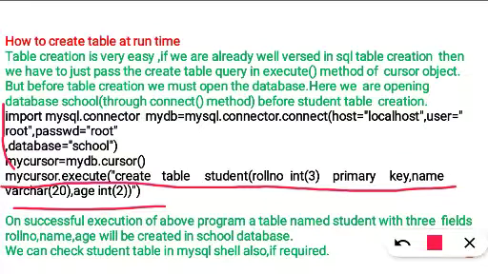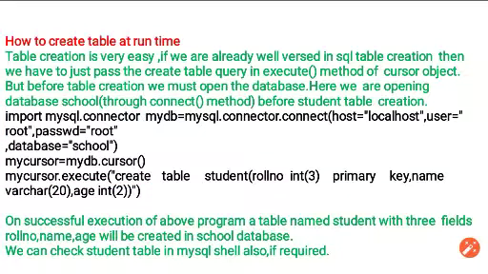So we have written create table student, roll number int(3) primary key, name varchar and age int. With this we will be creating a table called student with three fields, roll number, name and age, inside that school database.